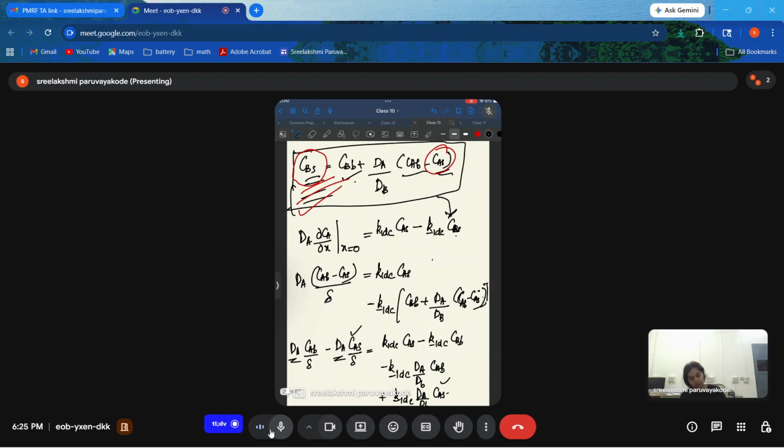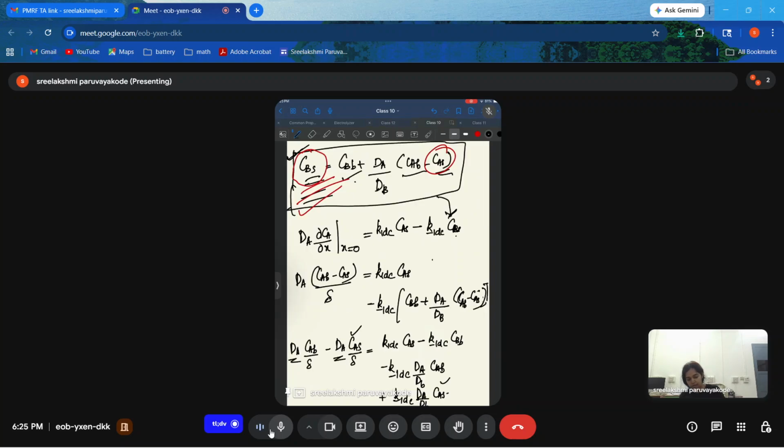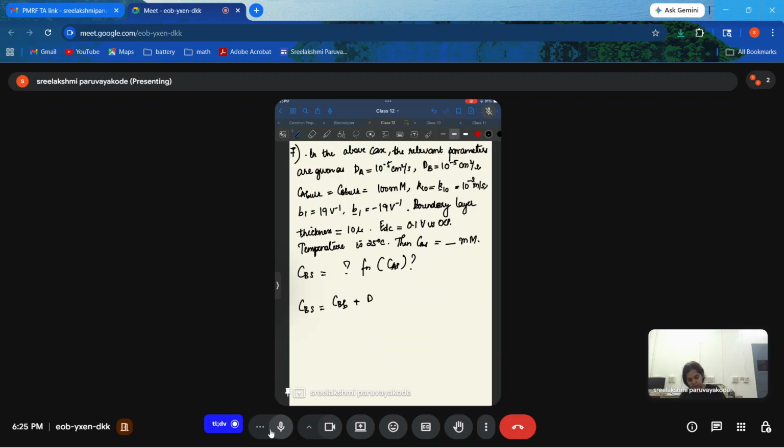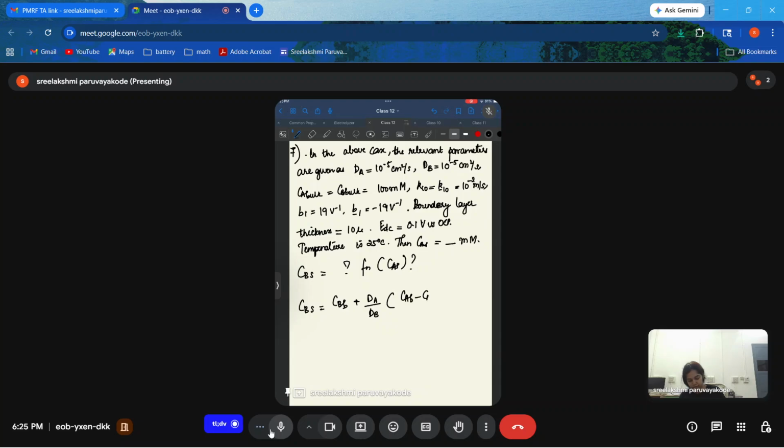Now before that, if you remember, we had found out this expression, that is CBS equal to, let me write it down here, CBS equal to CBB plus dA by dB times CAB minus CAS. So this is the expression you have to use. Again, you have to learn this also by heart, so that you will not need to spend time on deriving the expression during your examination.